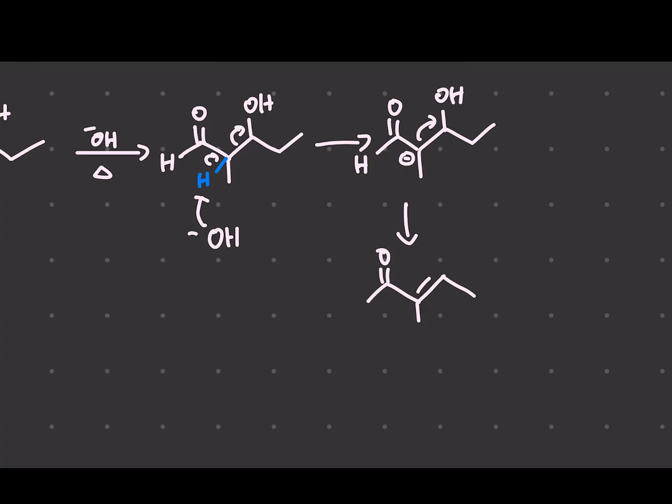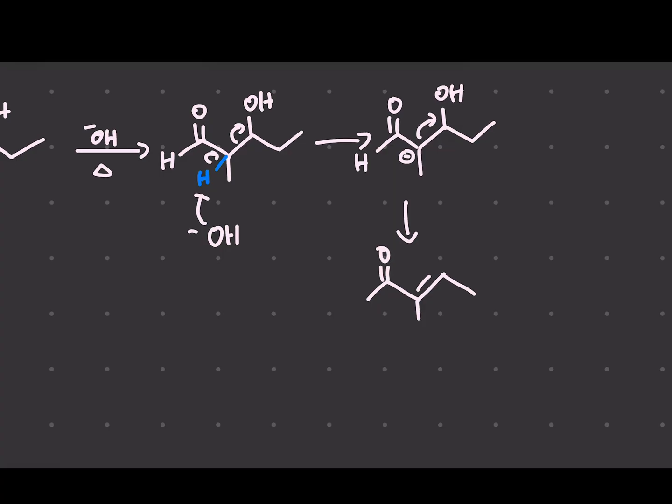Like so. And this is an alpha beta unsaturated aldehyde. You can see the double bond is between the alpha and beta position from the carbonyl. So this is mostly what you would see as the major product of an Aldol reaction.